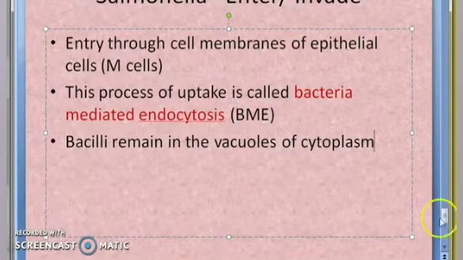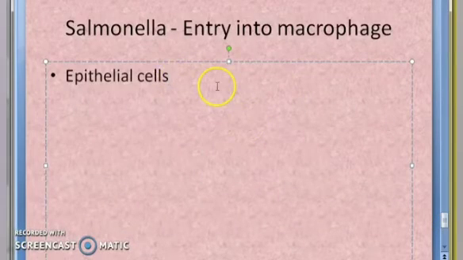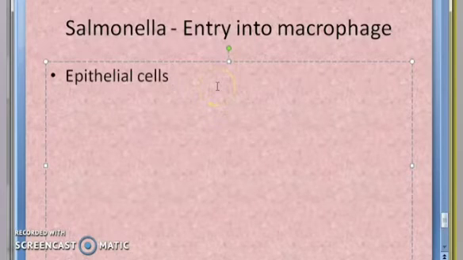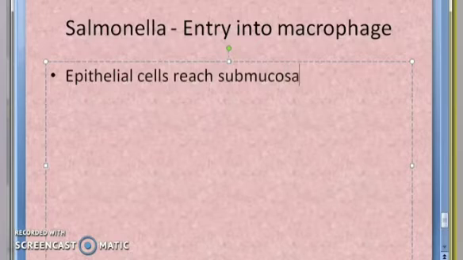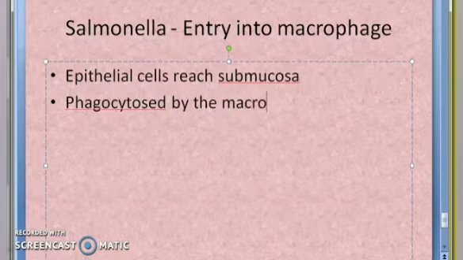Okay. Now what will happen, macrophages have to come, right? Now these epithelial cells which contain these vacuoles which contain Salmonella, they reach the submucosa. Okay, here they are phagocytosed by the macrophages.